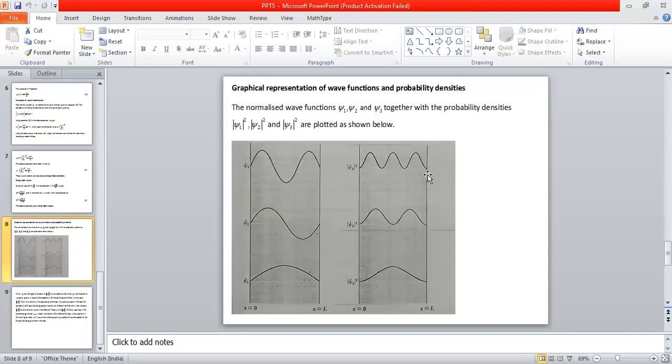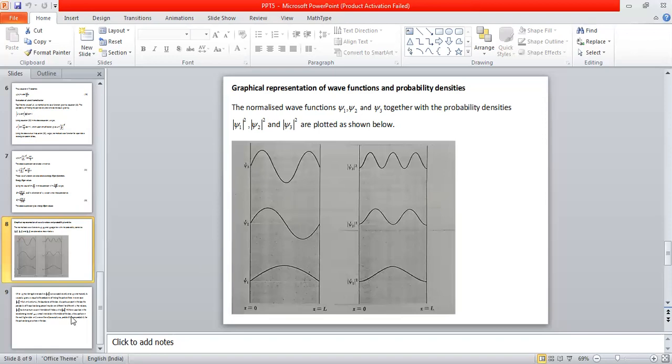So we have 4 nodes, and the probability of finding the particle is maximum at 3 different places, at this place, this place, and this place. So we have 3 antinodes. This is how we can understand the behavior of the particle's wave function as well as the probability densities of a particle situated inside the one-dimensional potential box.